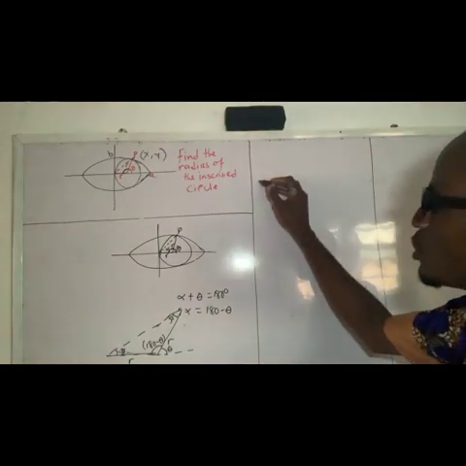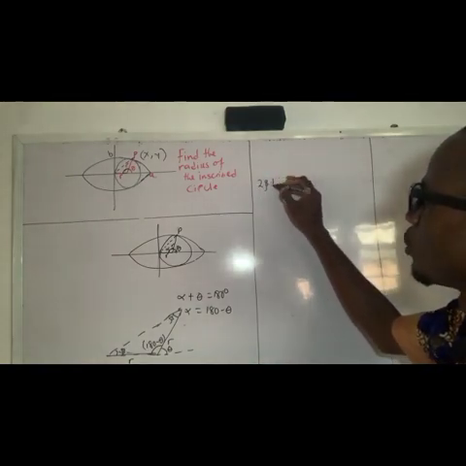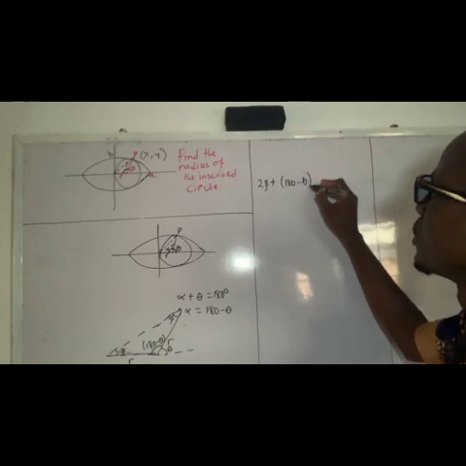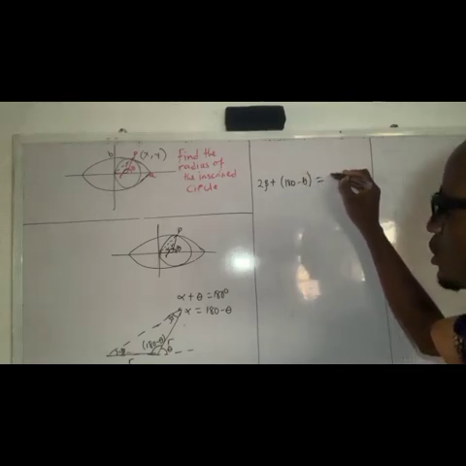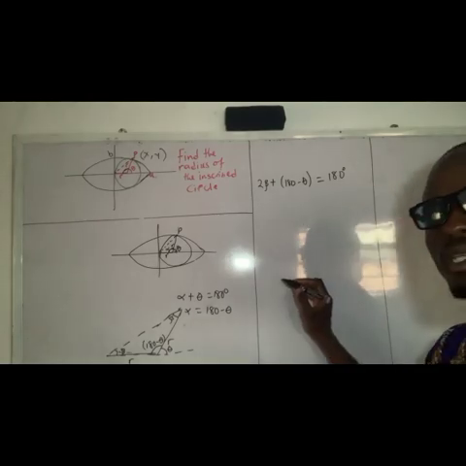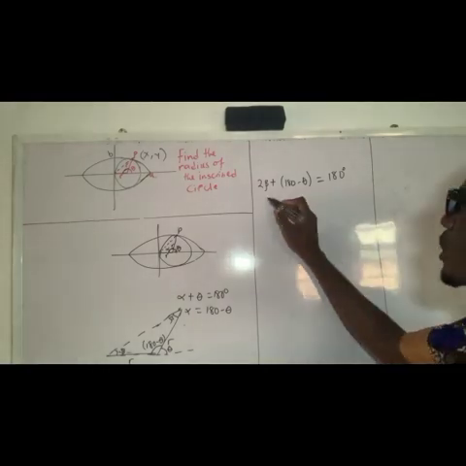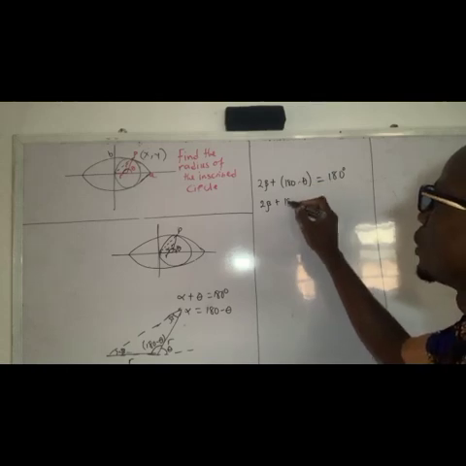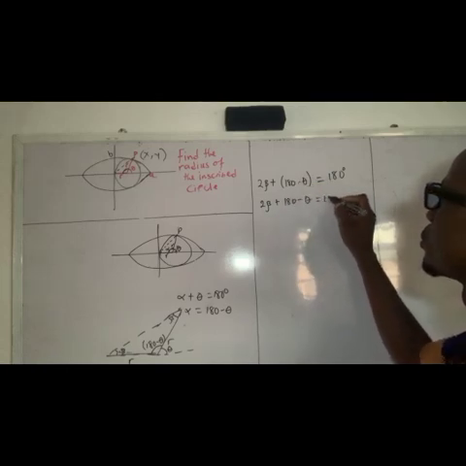So 2 beta plus 180 minus theta equals 180 degrees. That is the implication of that. Now what are we going to do next? 2 beta plus 180 minus theta equals 180.